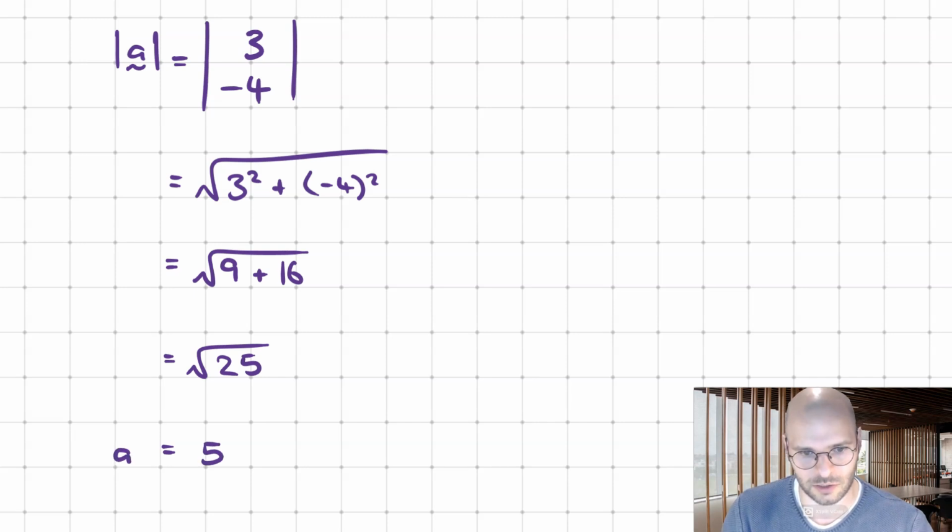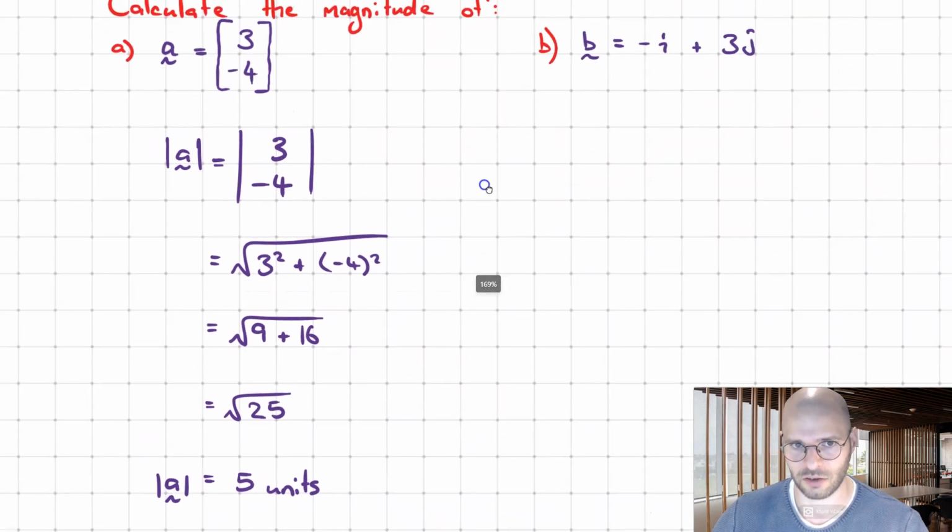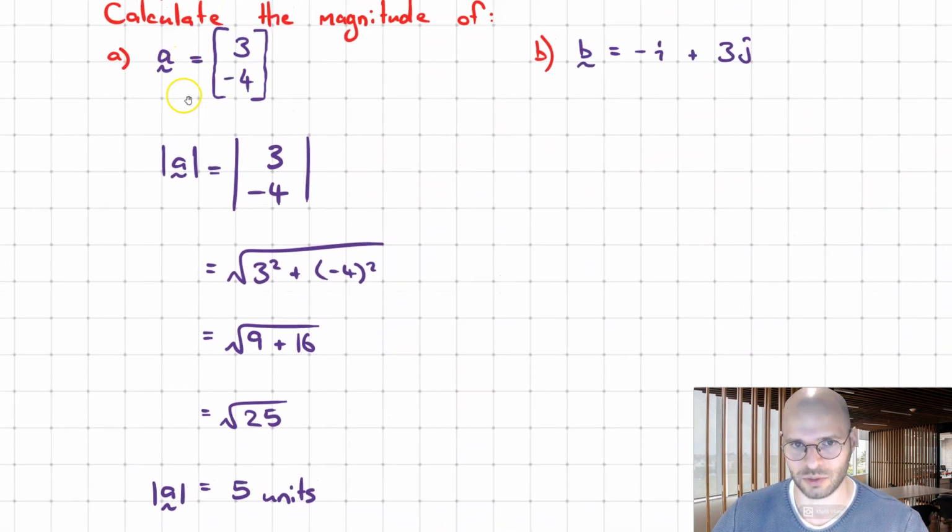And because this denotes a length, typically speaking, we will say that it's 5 units in length. If there's no units specified, then just say it's 5 units. So this was a manual calculation of the magnitude of vector A, which was defined as 3 and negative 4. This is in column vector form, also known as component form.